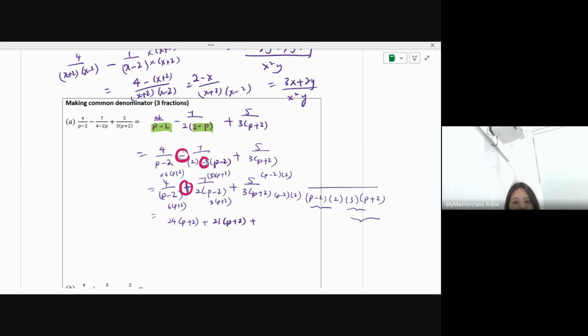Okay, 5 times 2 is 10(p minus 2) over (p minus 2), 6(p+2). Then what do I get? 24 and 21, (p+2). Okay, 25(p+2) plus 10(p minus 2).